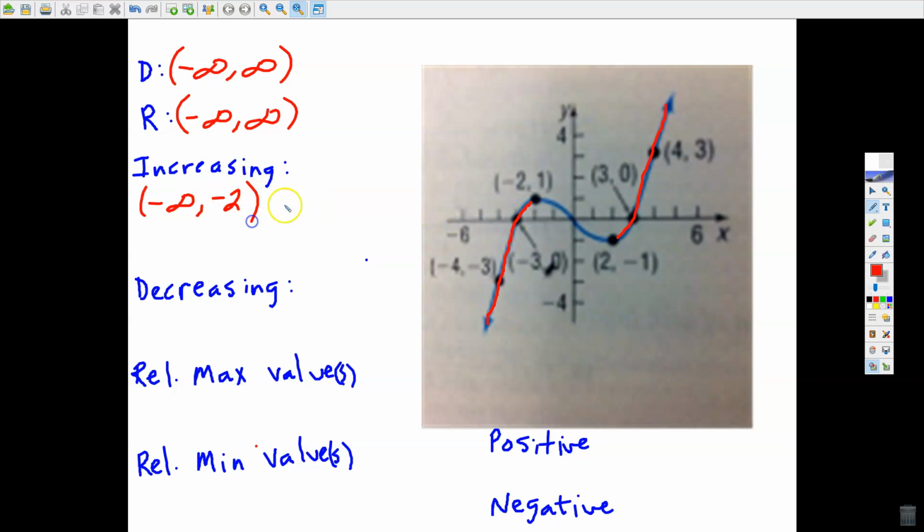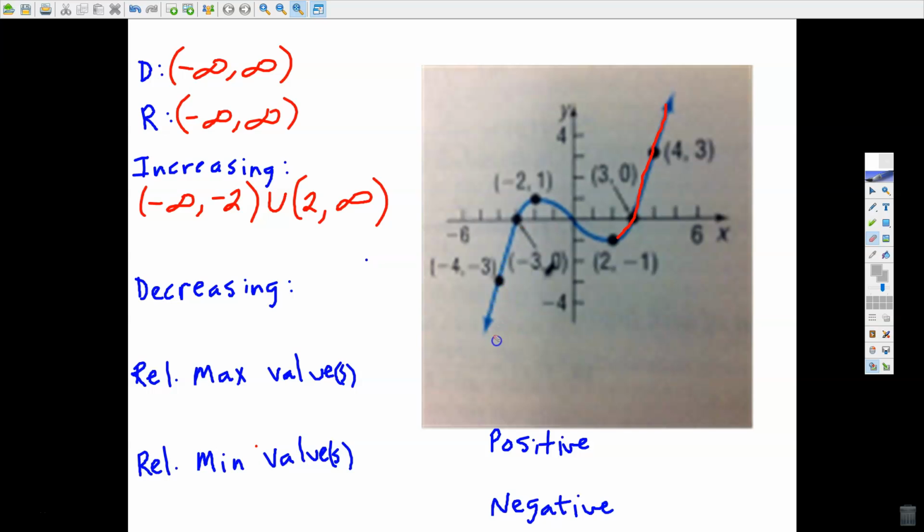Now it's not exactly increasing at -2, so that's why I'm not going to do a bracket here. Okay, so that's one interval where it's increasing, and I'm going to combine that with this other interval which starts at 2 and it goes to positive infinity. All right, so that would be my increasing intervals.